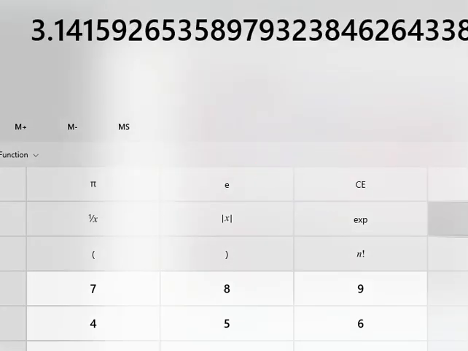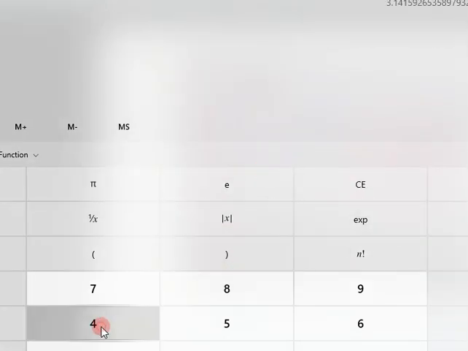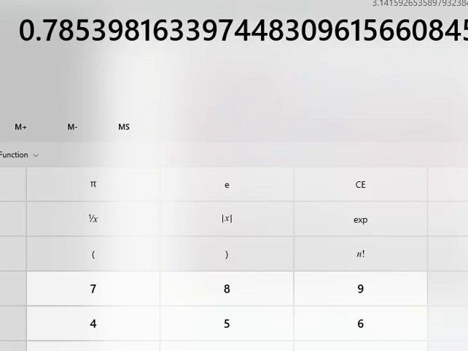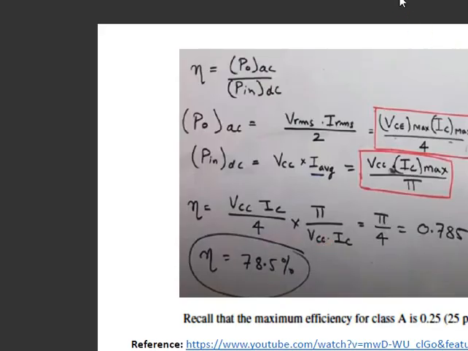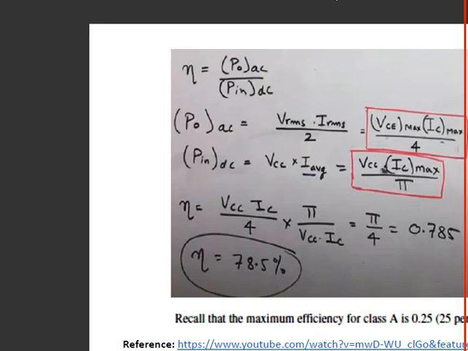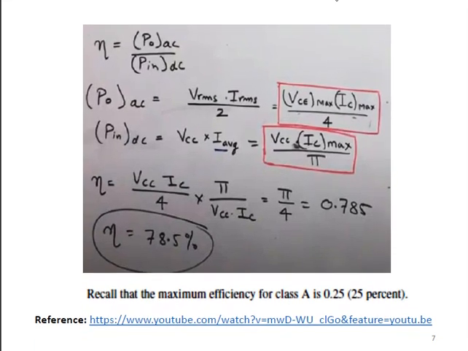So pi divided by 4 is equal to 0.785, which is 78.5 percent. So I can put it over here in my PowerPoint. So this is 78.5%.